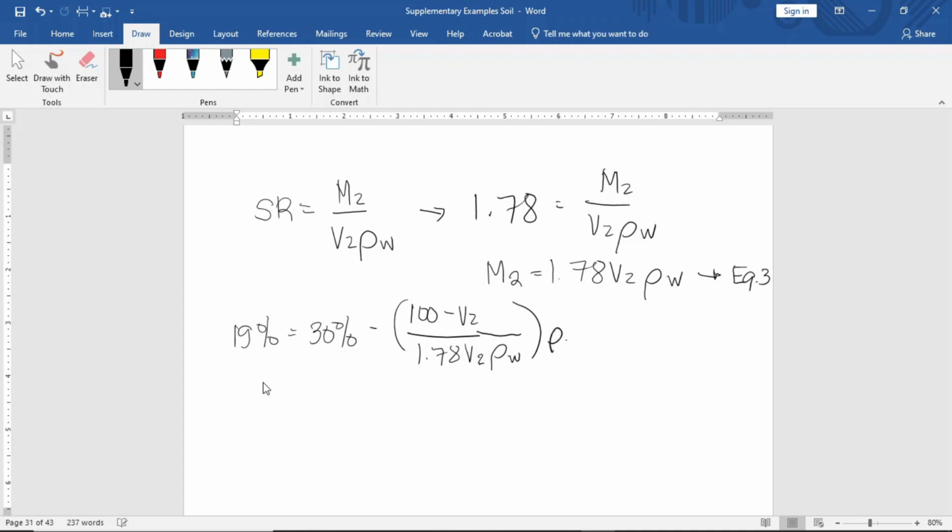Makakancel natin yung density of water. Transpose lang natin, magiging negative 11% is equal to negative (100 minus V sub 2) over 1.78 V sub 2.